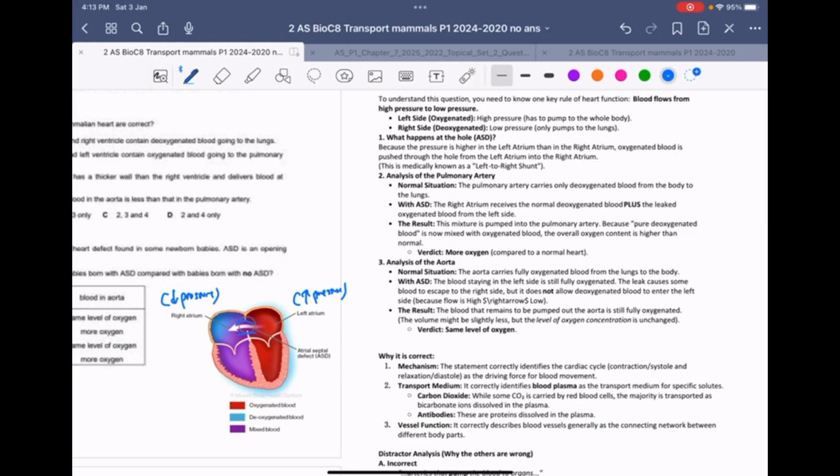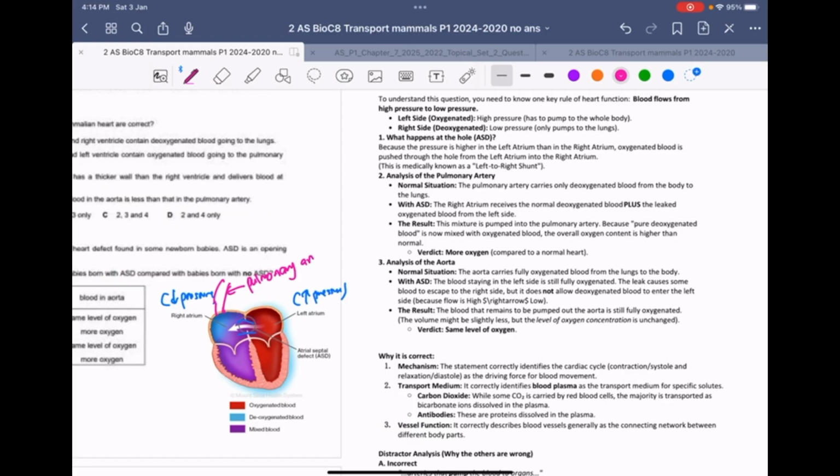So it will cause the oxygenated blood from the left atrium to push through the hole to the right atrium. Then there's a blood vessel connecting the right atrium to the lungs, known as the pulmonary artery. So here is the pulmonary artery.